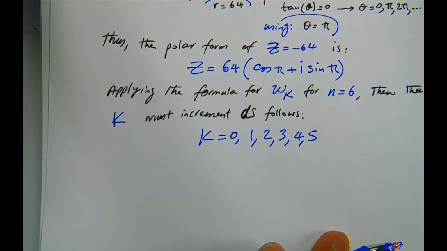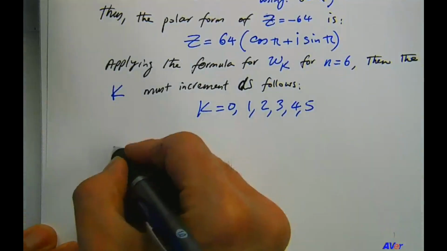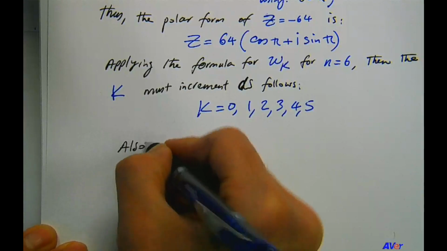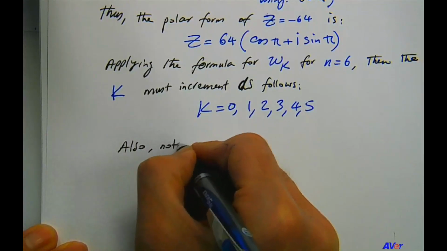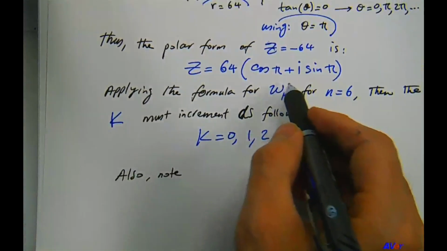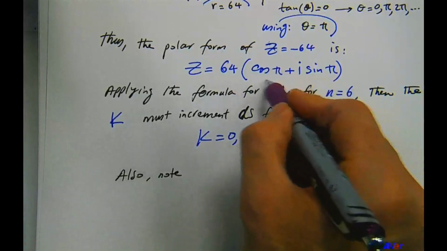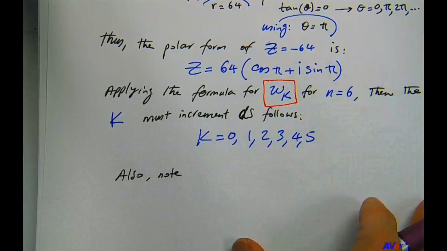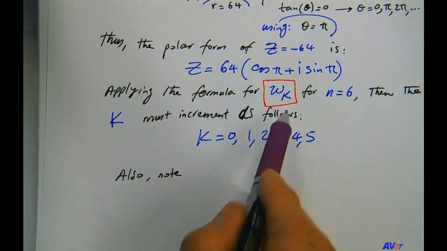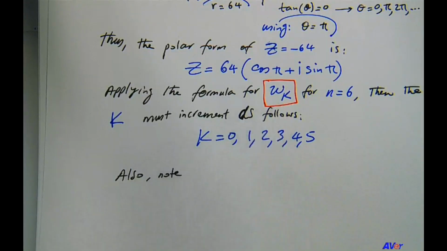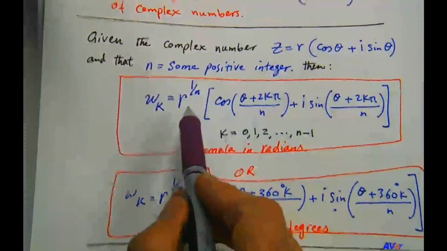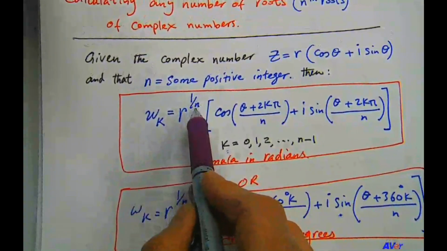So this is an important note. Also note, because we're going to use the formula that we just introduced, that formula begins with this quantity, r to the 1 over n power.